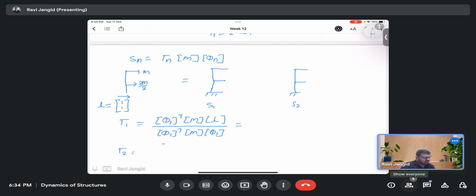Similarly, gamma 2 is phi 2 transpose mass matrix times L divided by phi 2 transpose mass matrix phi 2. So find out that gamma 1 and gamma 2, so that we can find out S1 and S2.